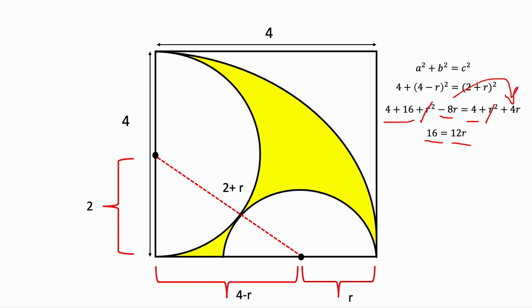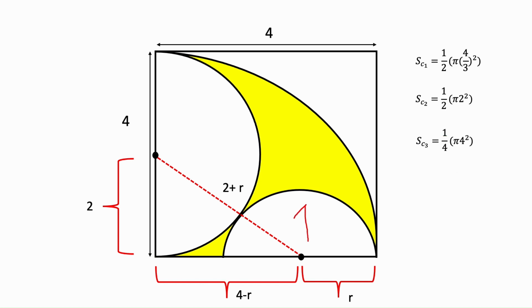So now we can find r. If we divide both sides by 4, here we will have 4, and here we have 3, so r equals 4 over 3. As I said before, let's assume this is circle 1, this is circle 2, and this is circle 3. The area of circle 1 is going to be 1/2 because we have half of the circle, so 1/2 times pi r squared, where our r here is 4 over 3.